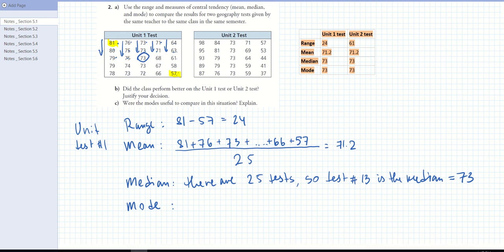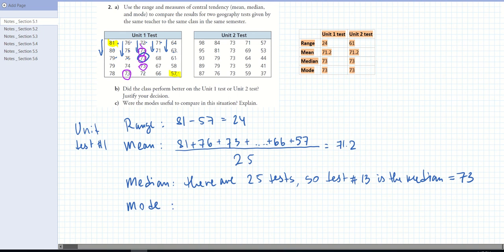Anyway, the score that appears most frequently looks like 73, 1, 2, 3, 4, 5 times. We see 75 appearing twice, and 79 appearing twice. So 73 appears the most times, five times. Therefore, it is the mode. So 73 is the mode for unit test number 1.